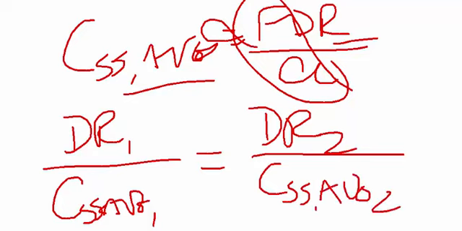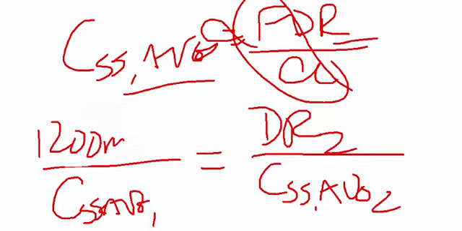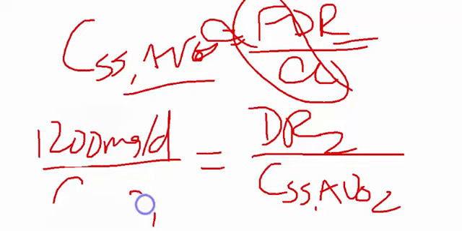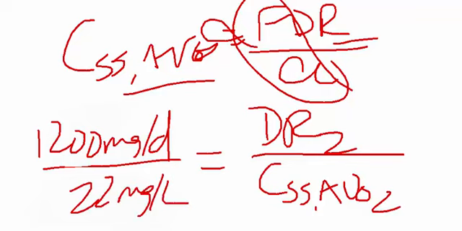So our dose rate 1, we gave what? 400 milligrams Q8, so that is 1200 milligrams per day, and our resulting CSS average was 22 milligrams per liter. This was given to us, right? And they were having toxic side effects, so that's too much. We know we have to give less, don't we?